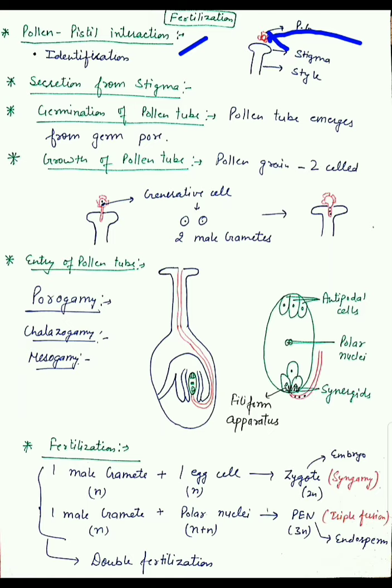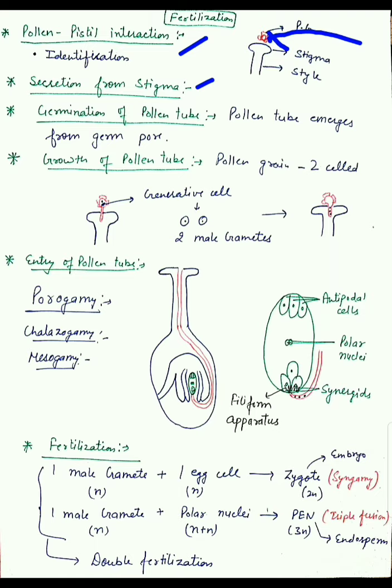If the pollen grain is of the right type, then only the stigma allows the pollen grain to germinate, which means the formation of the pollen tube starts. If the pollen grain is not of the right type, then the stigma rejects that pollen grain and doesn't allow the formation of the pollen tube.